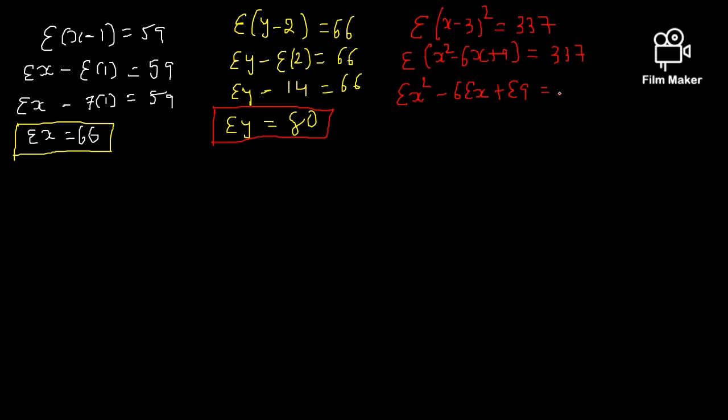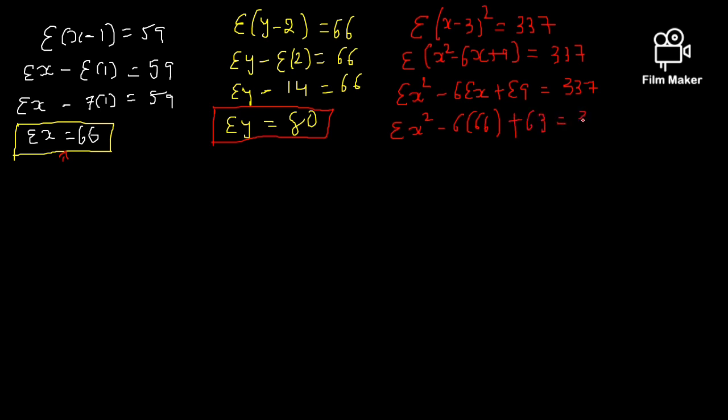Now in place of sigma x, as we have just found sigma x is 66, so 6 into 66, which we just found, and instead of sigma we'll multiply 7 into 9, which comes to 63.